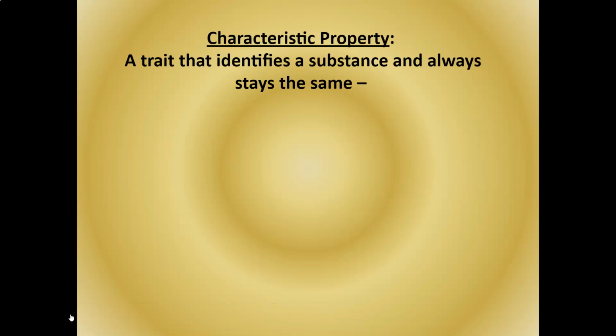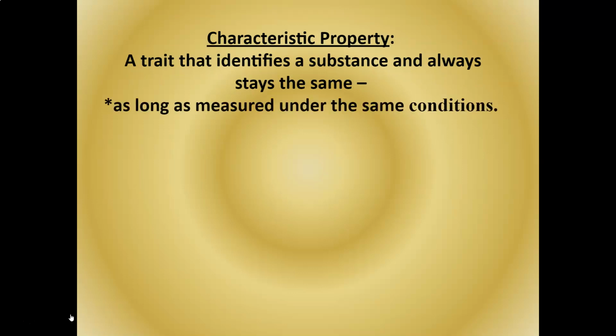Now, density is what we call a characteristic property. It is a trait that identifies a substance and always stays the same. In one of the last activities, I asked that you use the density to try to identify what those metal cylinders were made of. When we say it stays the same, it means that everything has to be measured under the same conditions for those properties to actually stay the same.